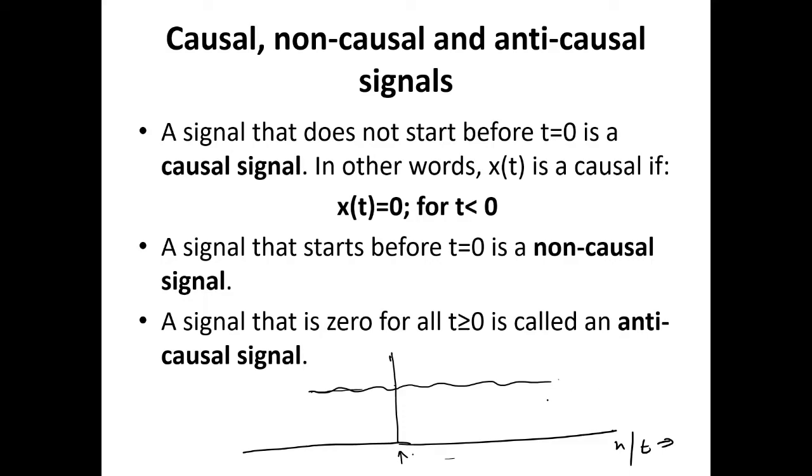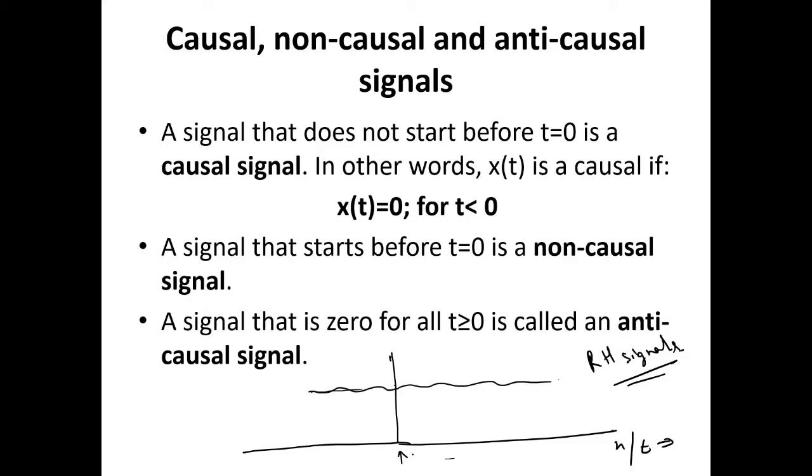So causal signals are purely right-handed signals. Non-causals originate on the left hand side of the plot, the negative time domain, and they extend up to the futuristic positive t values, or they may not even extend up to the futuristic values.